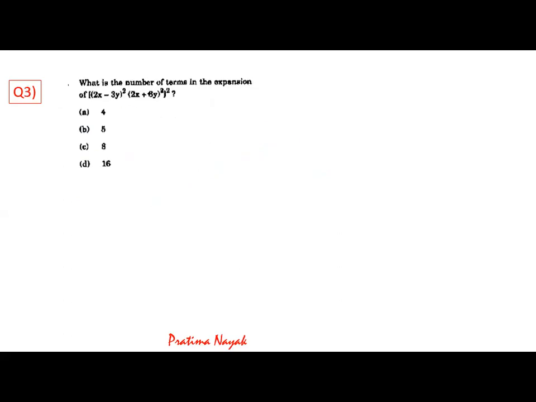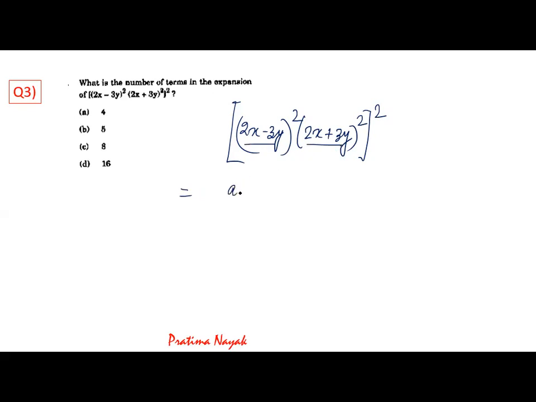Next, what is the number of terms in the expansion of (2x minus 3y) squared into (2x plus 3y) squared, and the whole raised to another square? It has how many terms? This is (a minus b)(a plus b), and when you multiply you get a squared minus b squared.